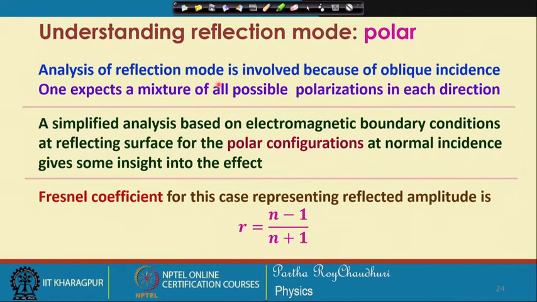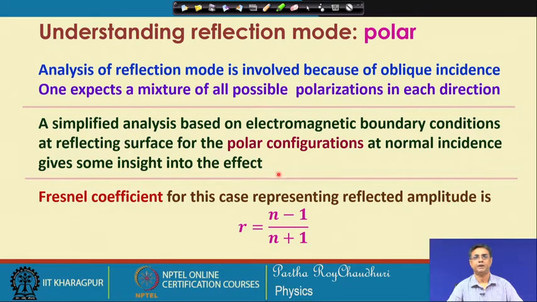Analysis of the reflection mode is actually quite involved because of the oblique nature of incidence, and one expects a mixture of all possible polarizations in each direction. A simplified analysis, based on the electromagnetic boundary conditions at the reflecting surface for polar configurations at normal incidence, gives some insight into the effect.